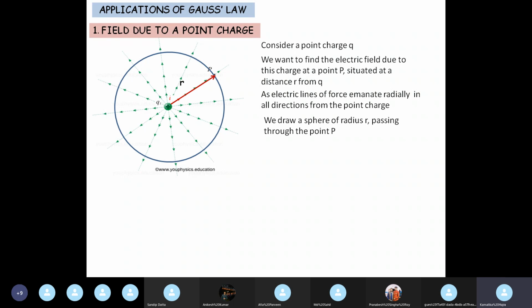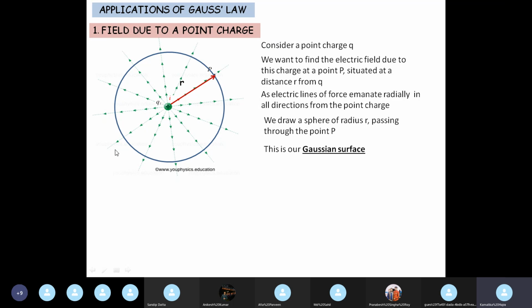Of course, this is not there. We draw it for our purpose, which has the same radius r. So it is concentric with the spherical surfaces through which these electric lines of force pass, and it passes through the point P. Basically, this is our Gaussian surface.